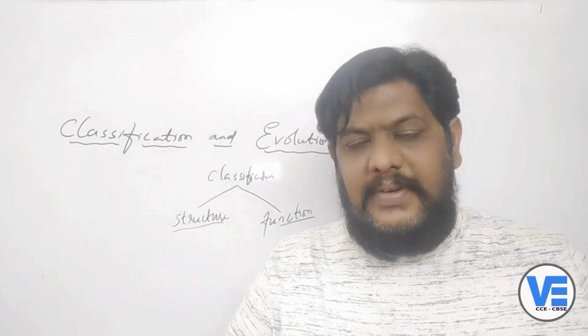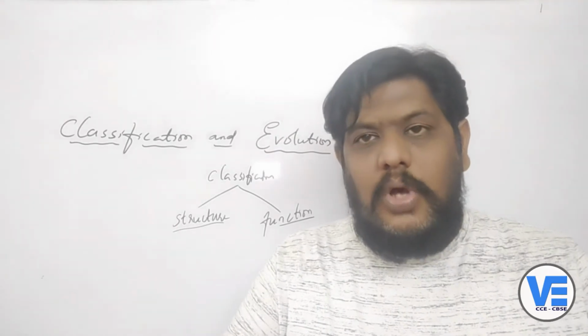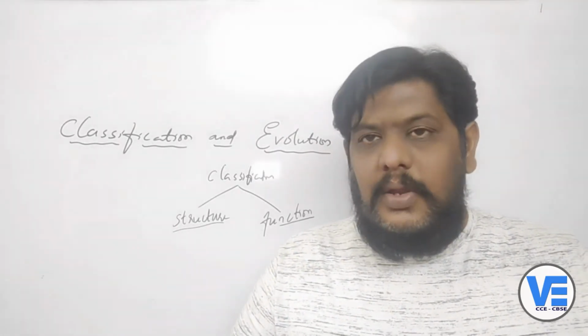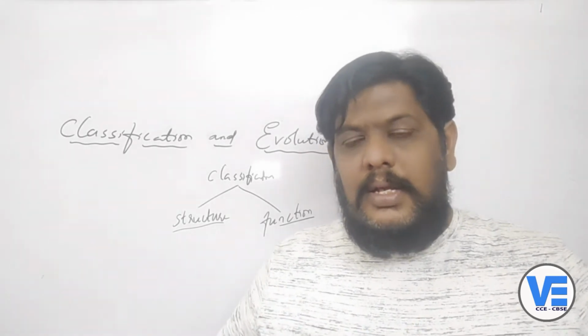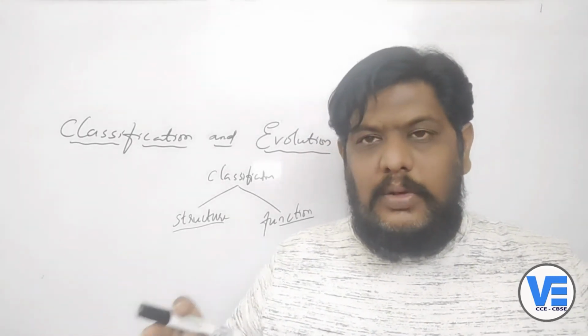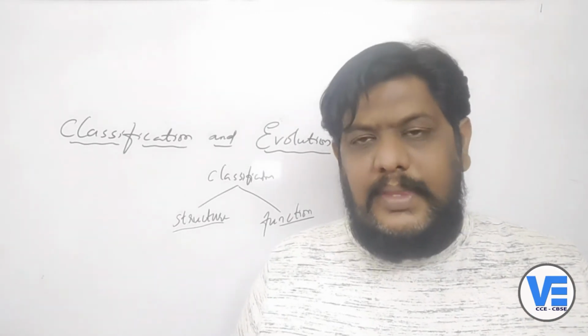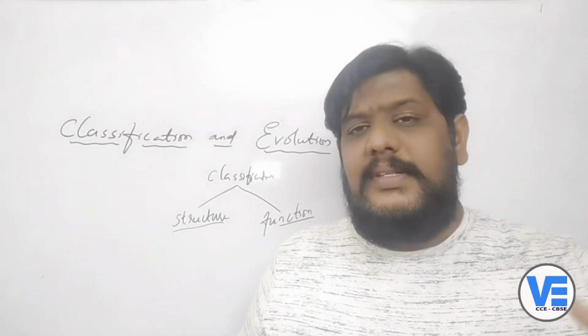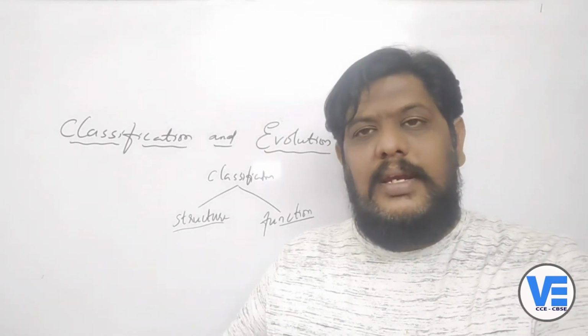Now if you take a cat and at the same time you take the tiger, see the structure, the body, you can find some similarities between them, isn't it? So it might have taken a long time for the animals to get the different changes.